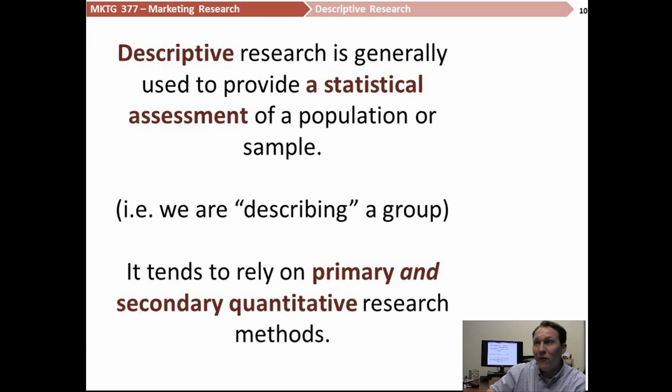Now, a lot of the descriptive research you're going to hear about in this class is going to be primary because we're going to be working on primary case projects. But secondary research is also a very valuable place to find descriptive data, and particularly in packaged or syndicated data. There's a lot of opportunity to learn about large groups of people much less expensively than conducting primary research.